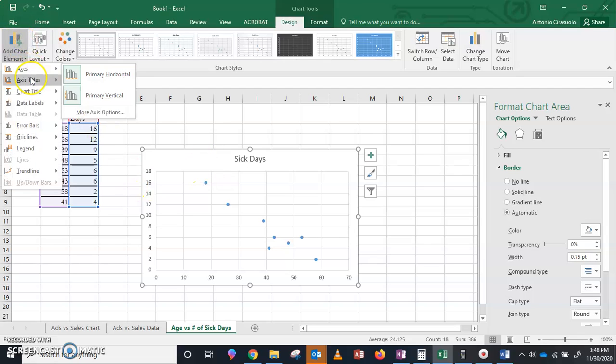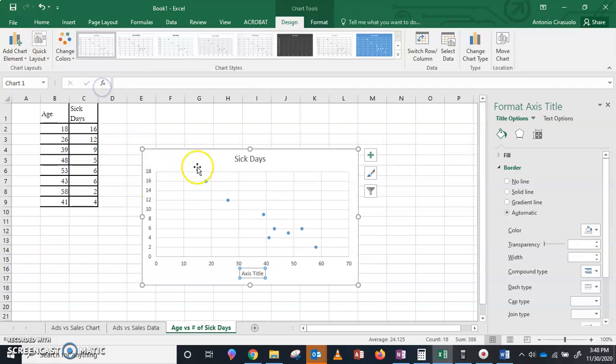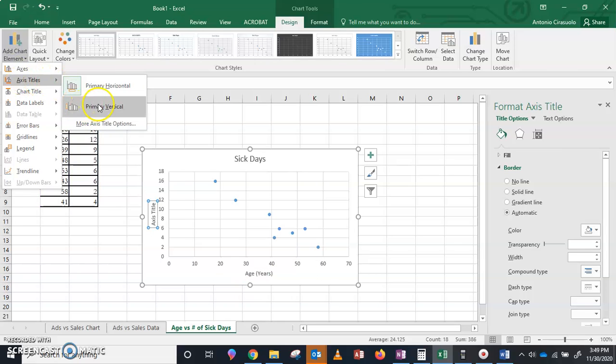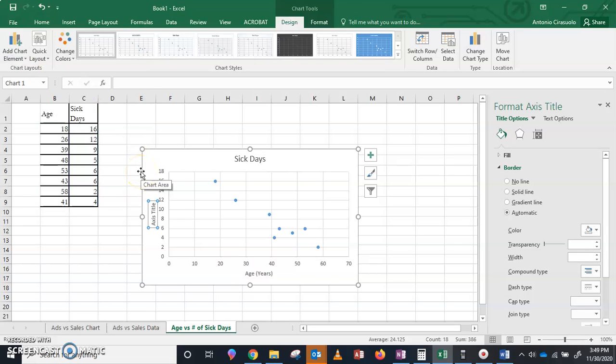I'm going to add the elements. So in this case, that was age. And let's put units there, years. And on the vertical axis, that was number of sick days.